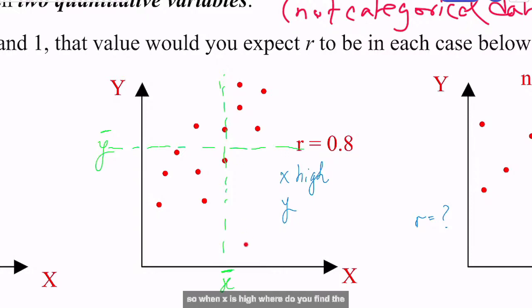So when X is high, where do you find the observations? Above or below Y bar? When X is high, where are the observations of Y? Above or below Y bar? High or low?